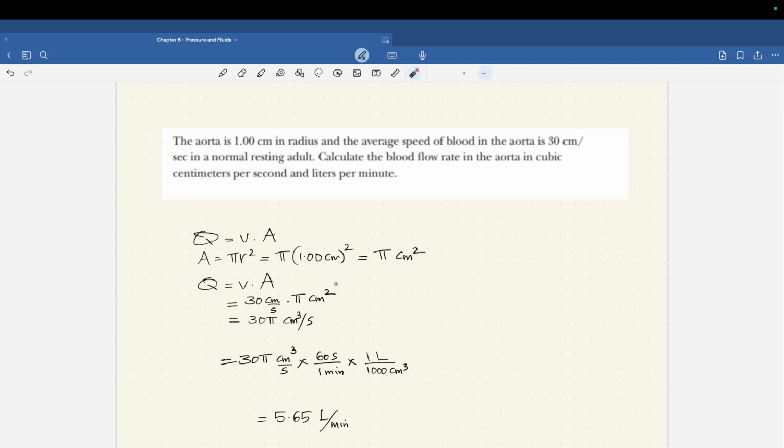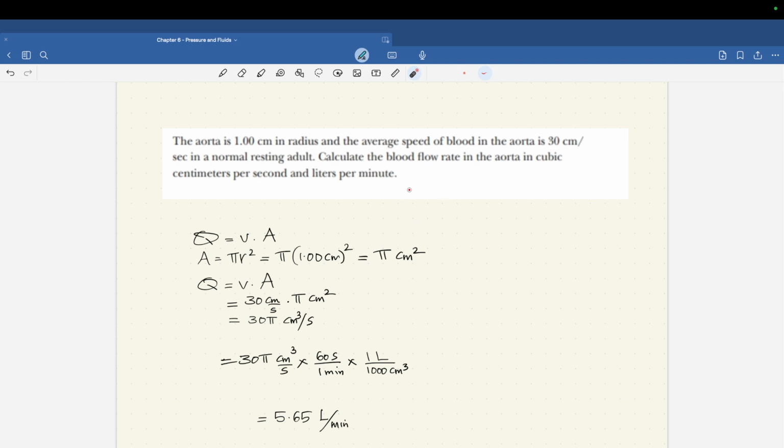And we are able to do that again to be consistent with units. Speed is given in centimeter per second. So now if you multiply centimeter and centimeter squared, you get centimeter cubed. So you get 30 times pi. That is the volume flowing in 1 second.